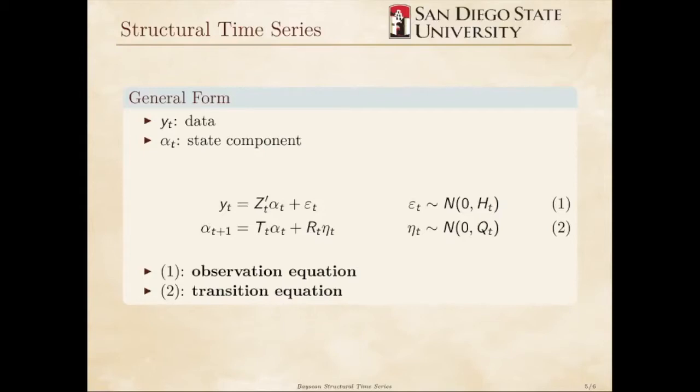But what are z, t, and r? They can be fixed design matrices, contain model parameters, or both. This allows for a lot of flexibility and allows us to describe a wide class of models. Fun fact for you, ARIMA models are special cases of structural models. Those Greek letters on the right, they are error terms.